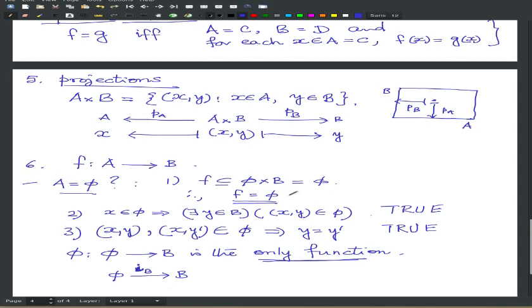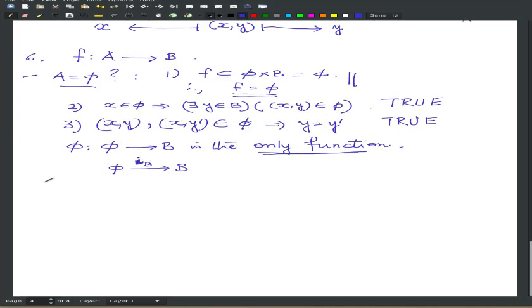So you have no other choice. This is the assertive part, it tells you that F has to be the empty set. Is it clear? It's clear now.